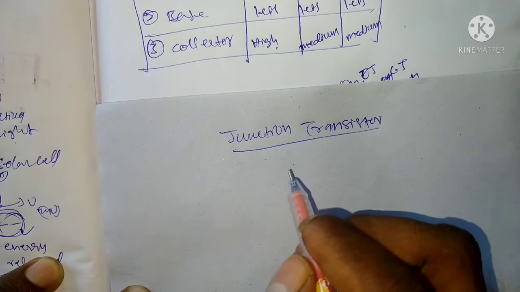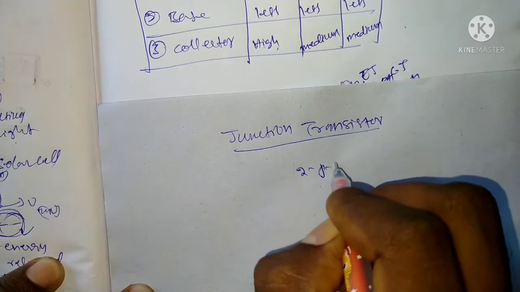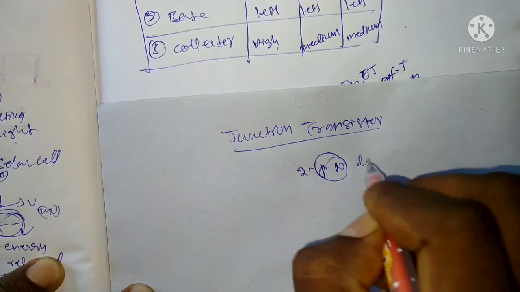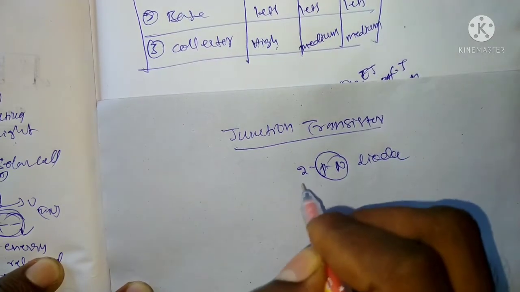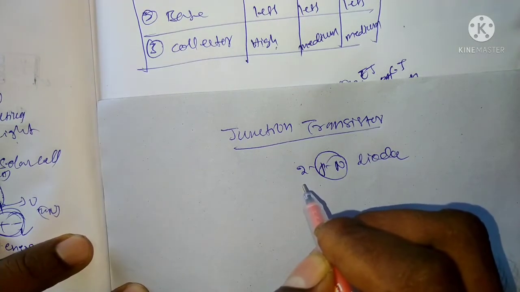A transistor is basically a combination of two PN junction diodes.